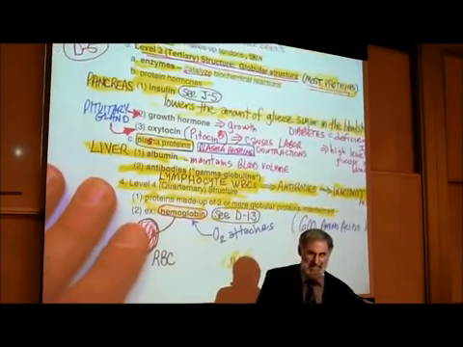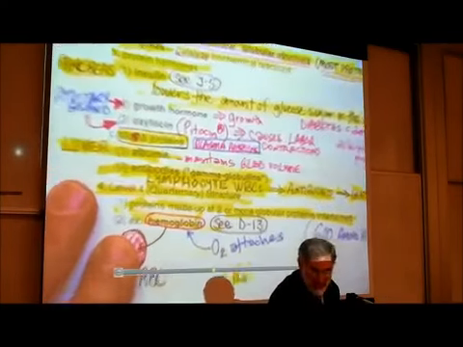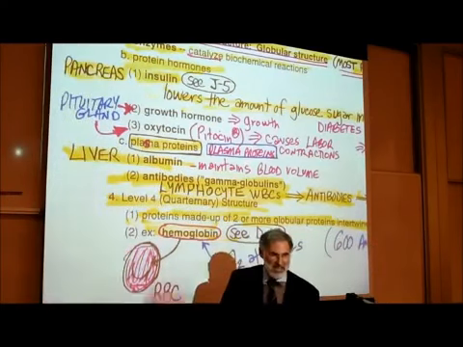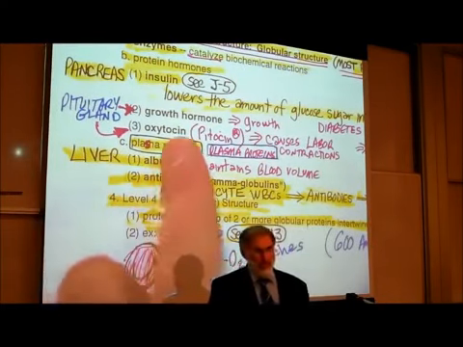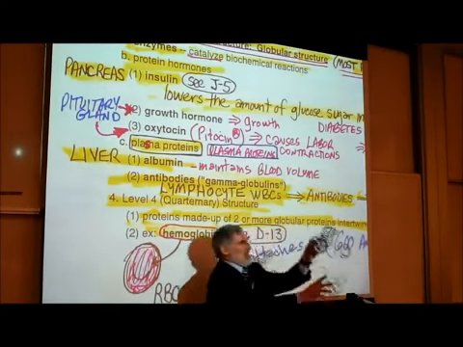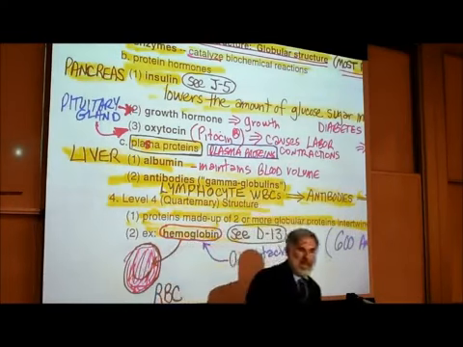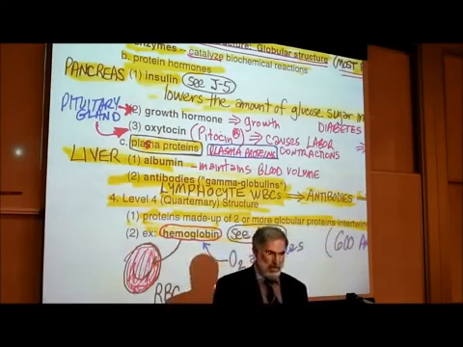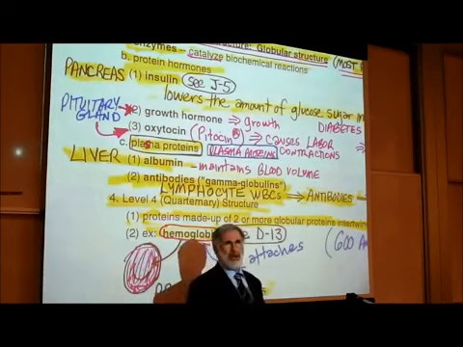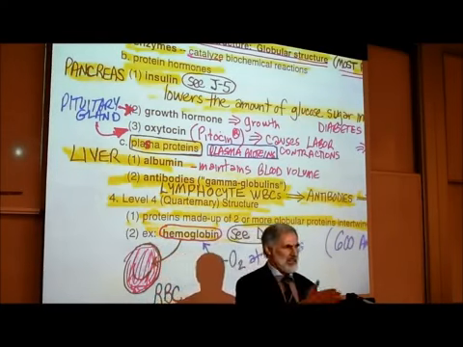Okay, a second example of a protein hormone, besides insulin, made by our pancreas, is growth hormone. Growth hormone is a protein hormone, looking kind of like this, made out of amino acids, that is produced and secreted by our pituitary gland. Does anybody have any idea where the pituitary gland is in the body?